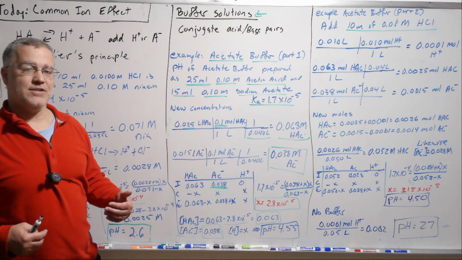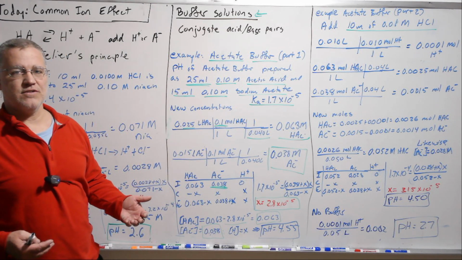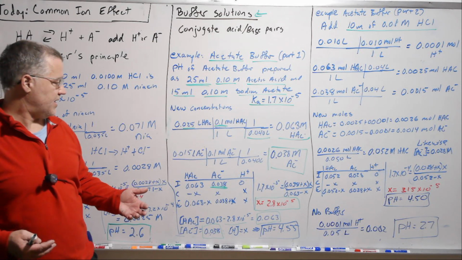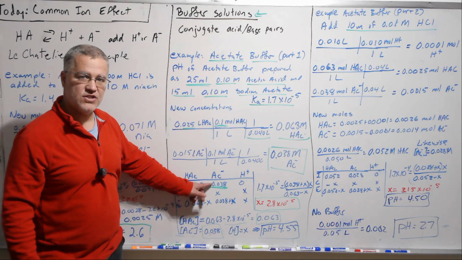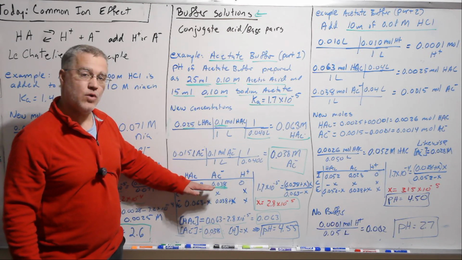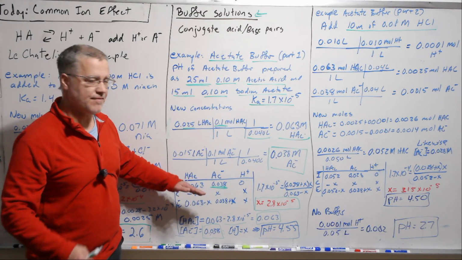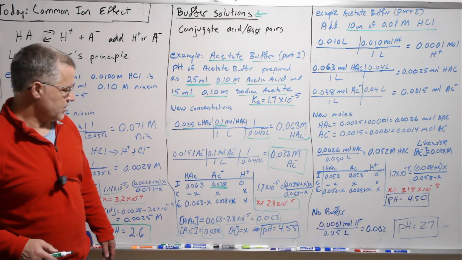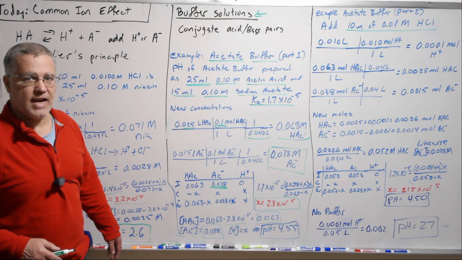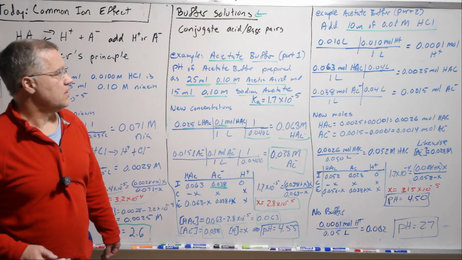So if we want to be able to handle larger amounts of acid being added, then we're going to have to increase the concentration of each of these. And we always want these to be quite a bit bigger. It doesn't have to be way bigger, but say 10 times bigger than the amount of acid we're adding.